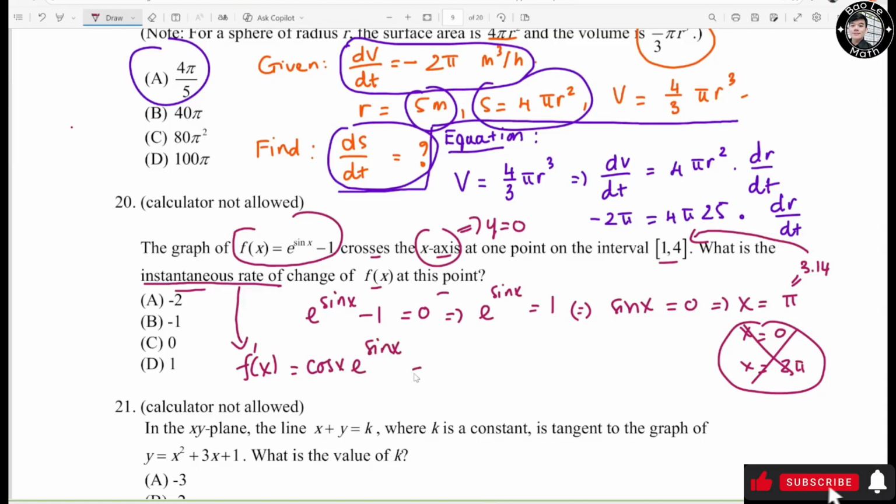Then f prime of pi is cosine pi times e to the sine pi. Cosine pi equals negative 1, and e to the sine pi is e to the 0, which equals 1. So the answer is negative 1. The answer must be B.